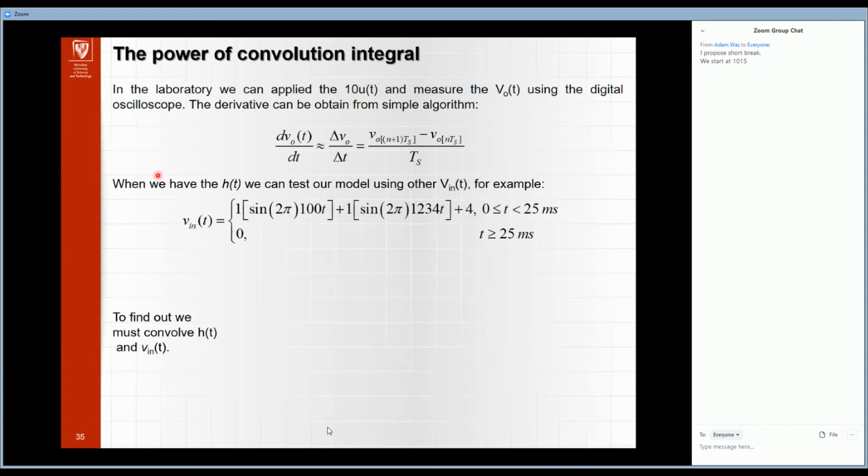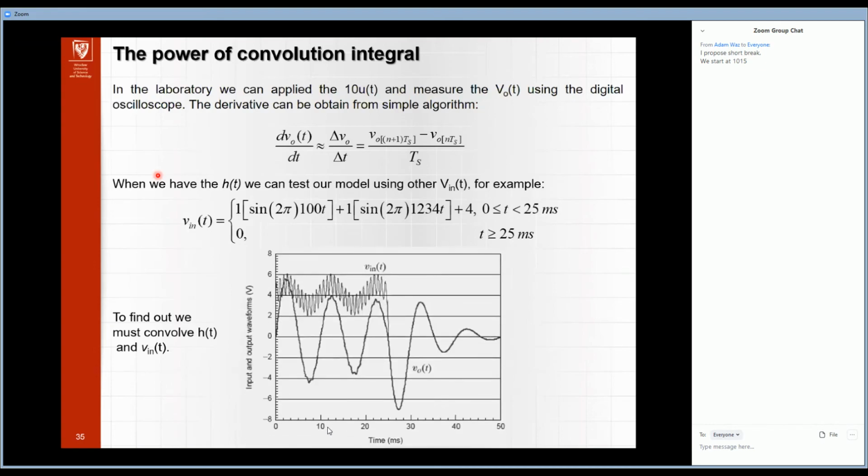So to summarize, firstly we find the function g(t) from the known source, and when we have the function g(t), we can change the source and calculate the response for this signal.